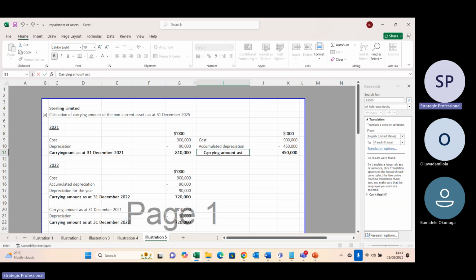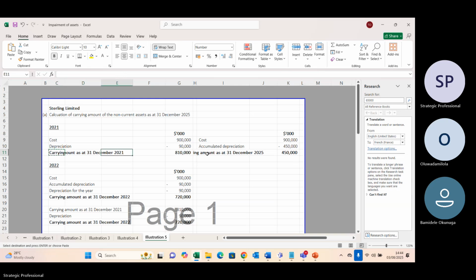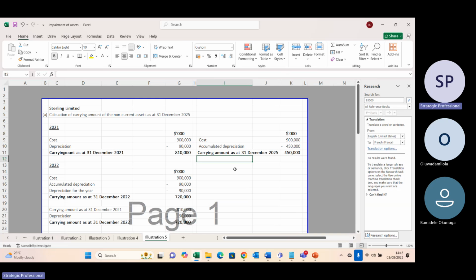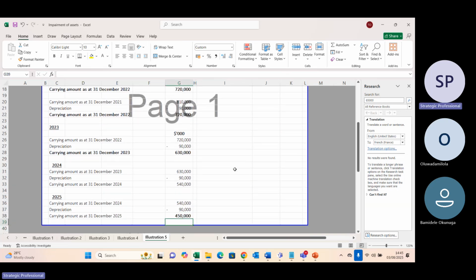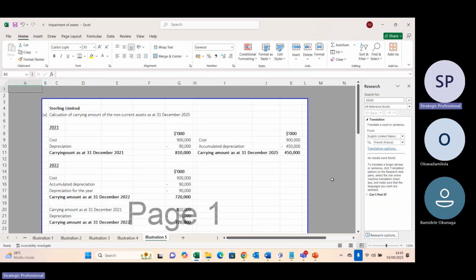And it will be the same thing with somebody that does it the long way, 2025. Yeah, so you see that it's the same thing what we have here. 450 here, 450 here. Depends on which one you understand better.